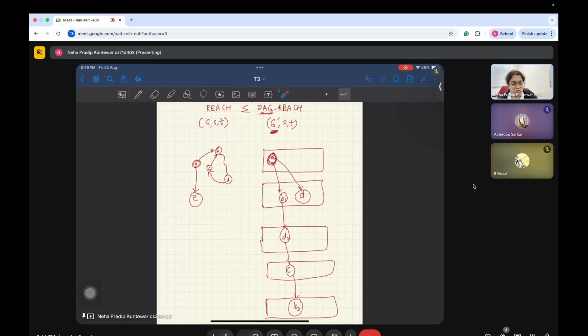Also notice that even if this blow-up were very large, I don't really need to give you the entire graph all at once or store it all at once.